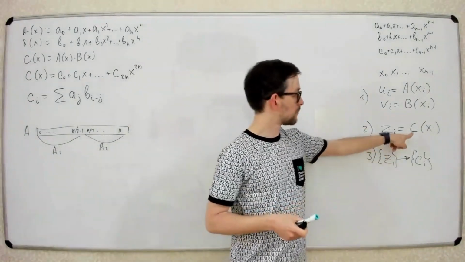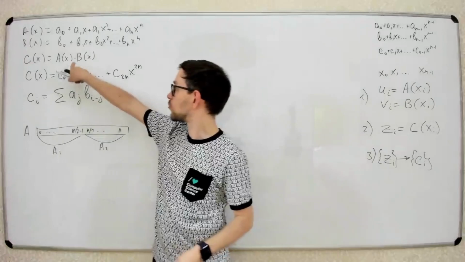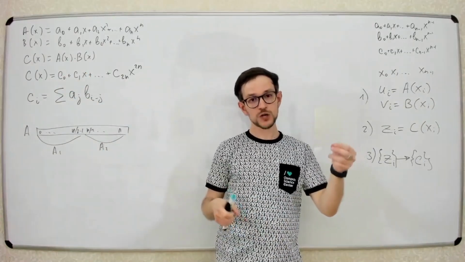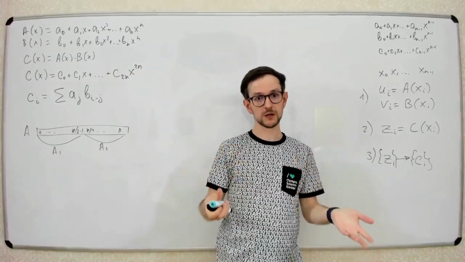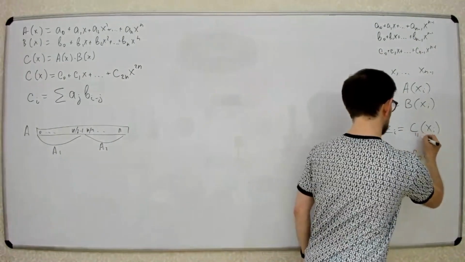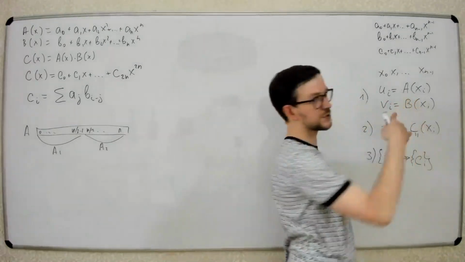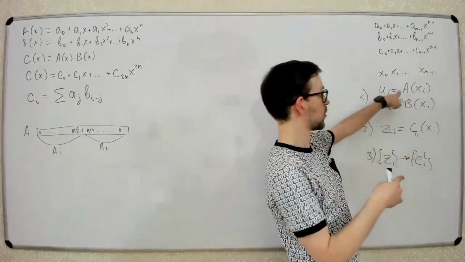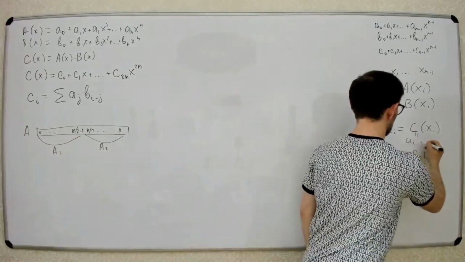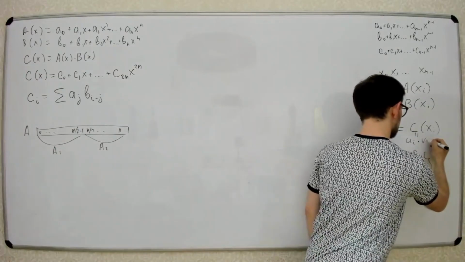So again, polynomial c is product of polynomials a and b. So to calculate value of polynomial c, you just multiply values of polynomial a and b. So in any point, value of polynomial c will be just value of polynomial a multiplied by value of polynomial b. And we know values of polynomial a and b. So it's just product of u and v.